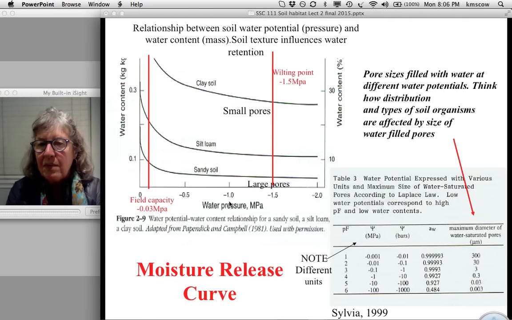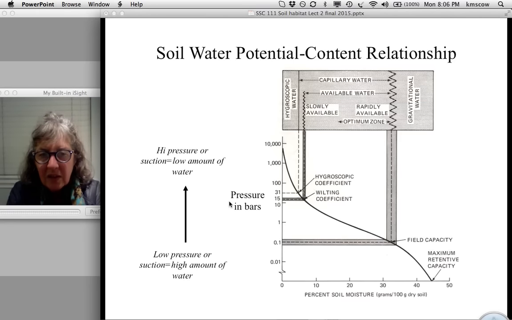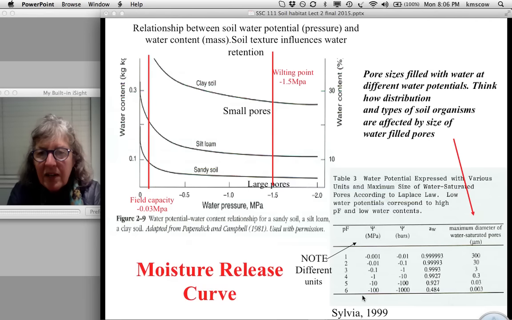Now this time we had the pressure here and the soil moisture here. This time we have the soil moisture content, water content on the y-axis, and the water pressure. And sorry, the units changed, but this time in megapascals.